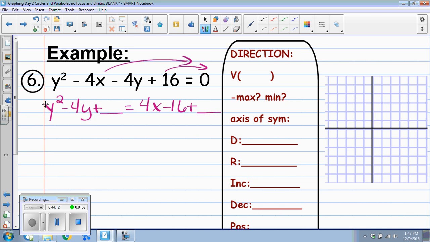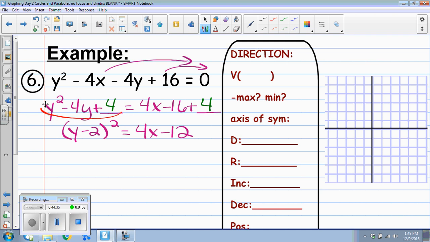Now, half of 4 is 2, 2 squared is 4. We have to add 4 to both sides to keep it equal. What is that binomial? Y minus 2 squared equals 4x minus 12.